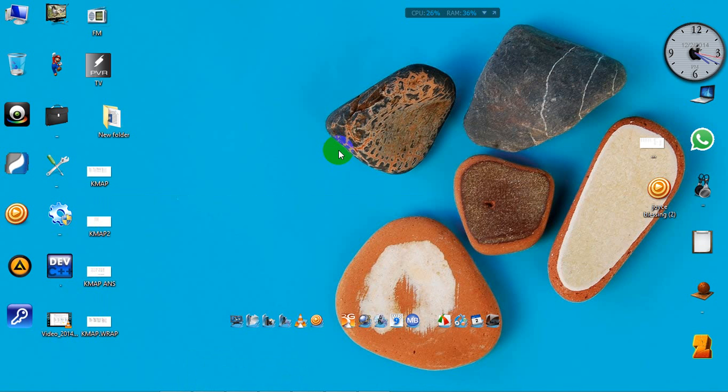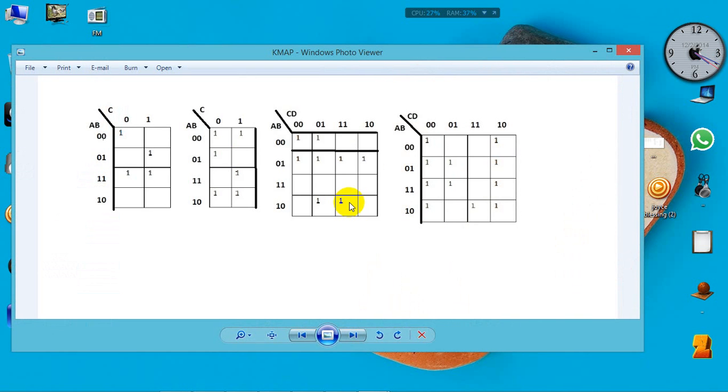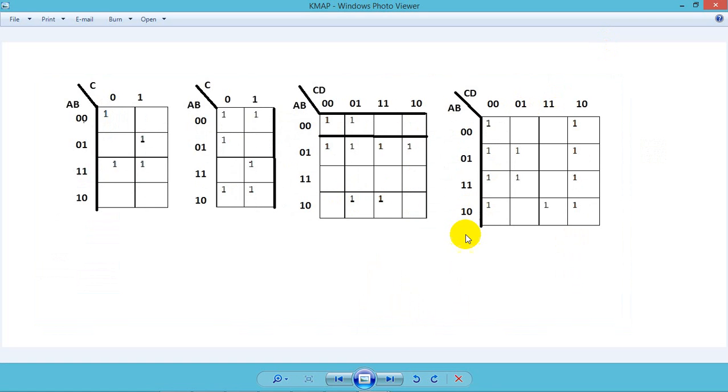Now I want to look at how we can group these tables over here using K-map. If you want to do grouping in K-map, we have rules, and the rule that you have to put in mind is you can group adjacent ones.